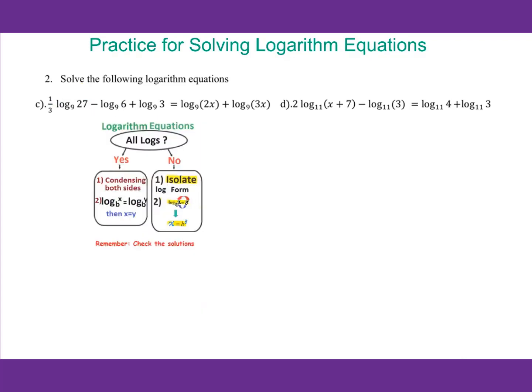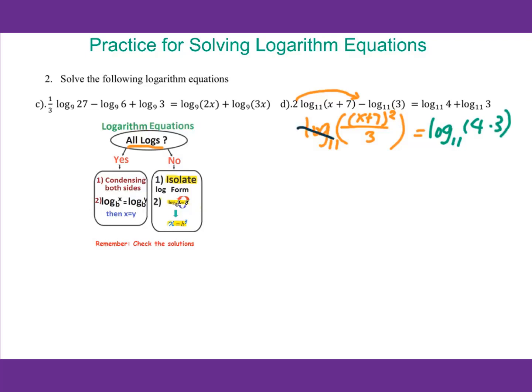Let's go to D. First of all, we know this is all logs in this equation. Therefore, jump as exponents. So we got the log base 11 of (x plus 7) squared over 3 equals log base 11 of 4 times 3.